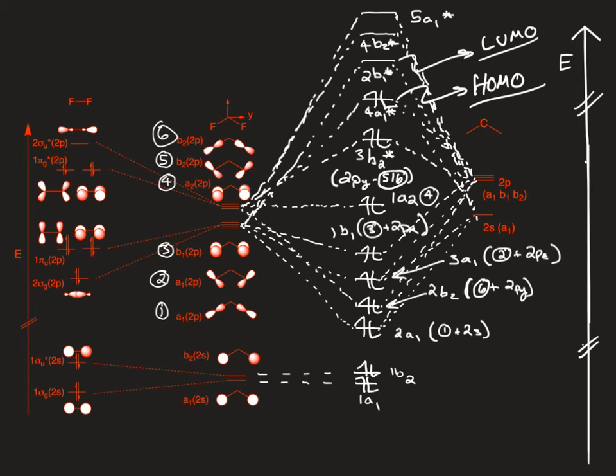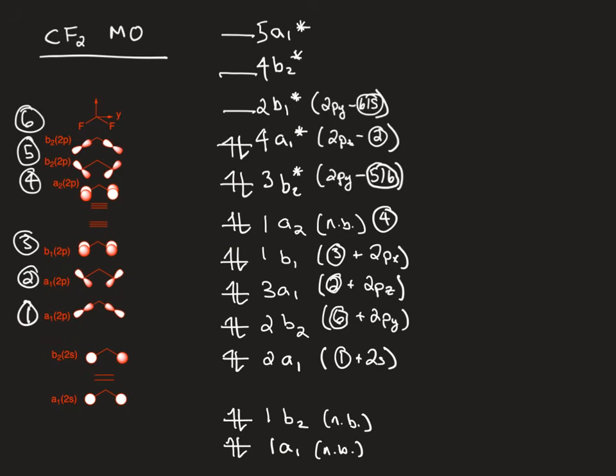I'm going to finish by plotting out what these molecular orbitals look like as generated from an electronic structure calculation. Plotted here are our ligand group orbitals, or SALCs, for our F2 fragment, along with the molecular orbital energy ordering for the CF2 molecular orbitals that we derived.